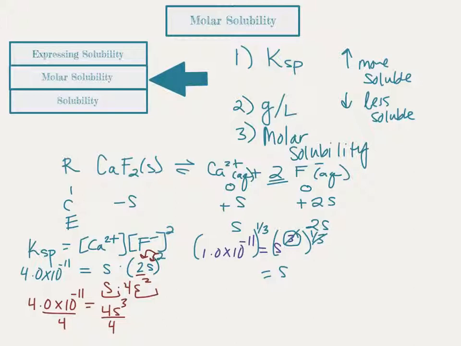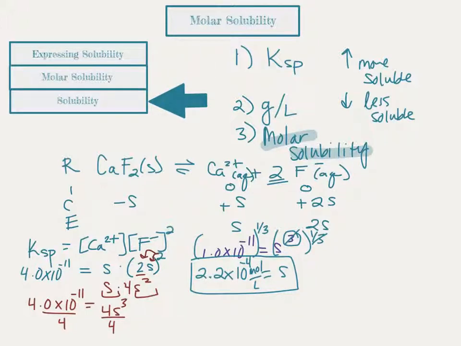So if I plop that into a calculator, I end up with 2.2 times 10 to the negative 4, remembering that my units are moles per liter for these types of questions. This value, this S, is what we call the molar solubility.